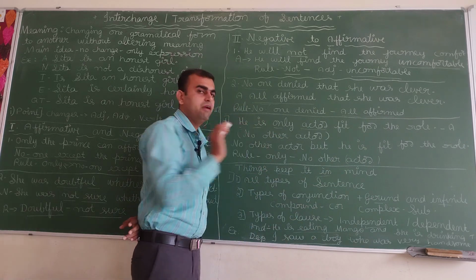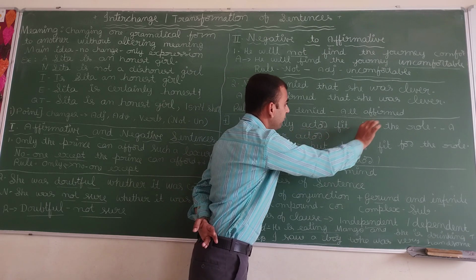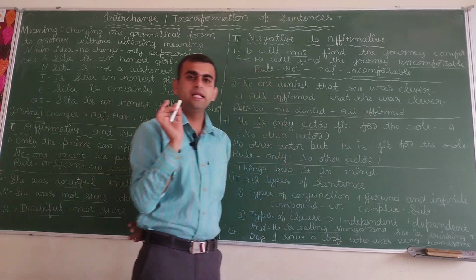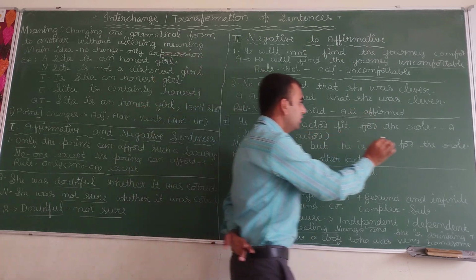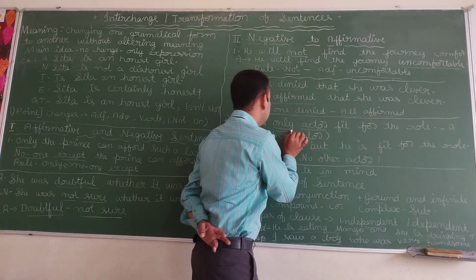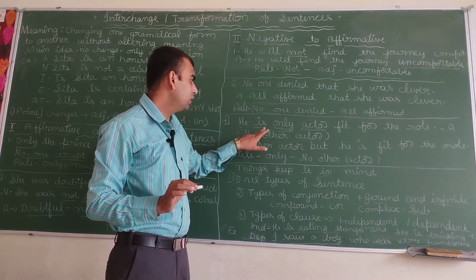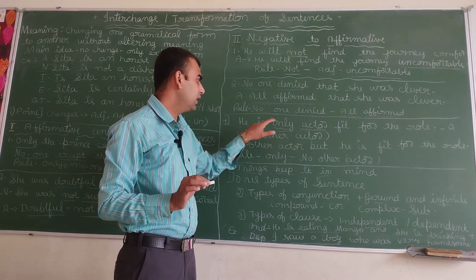Next, sometimes they will give a sentence like: he is the only actor fit for the role. It is an affirmative sentence. There is "only actor", and they will give in the bracket "no other actor".